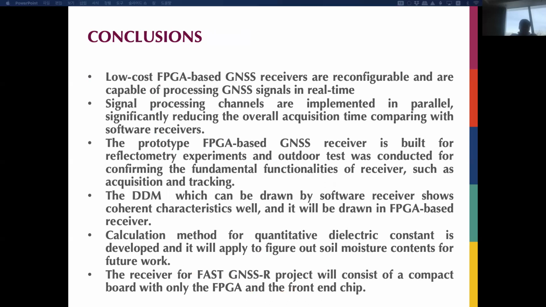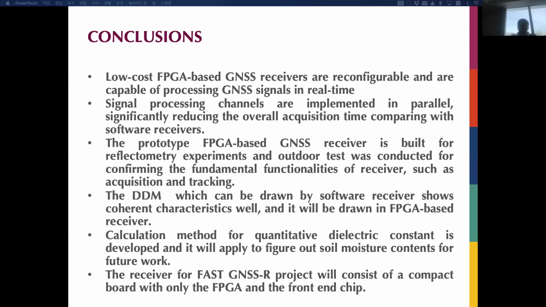Yeah, so here is the conclusion. I showed what GNSS reflectometry is, and then the theory of GNSS reflectometry as an electromagnetic scattering theory, and then we built our FPGA-based GNSS receiver at York University.